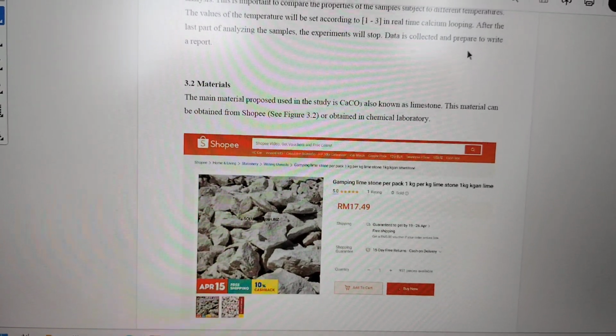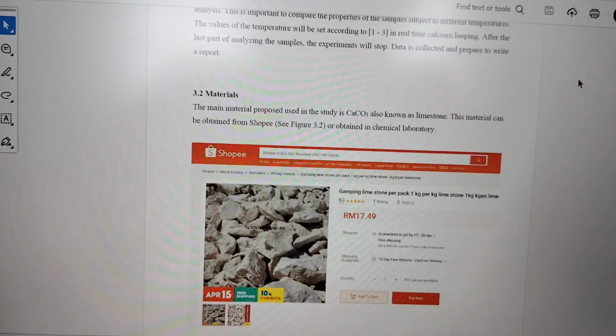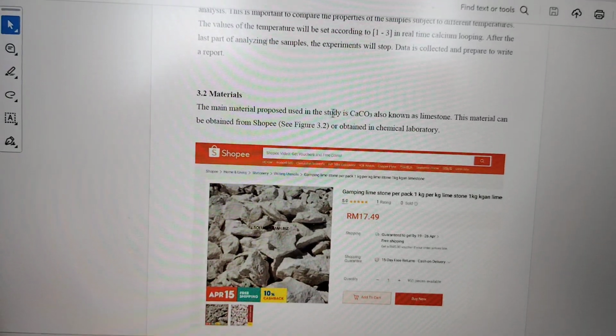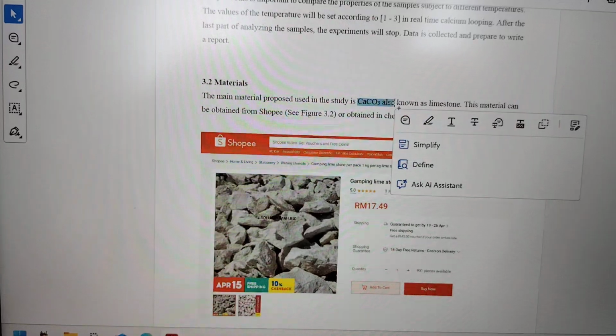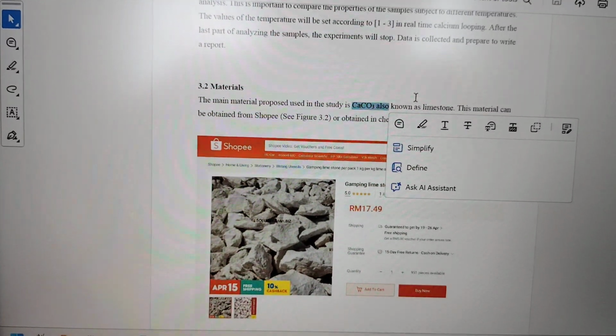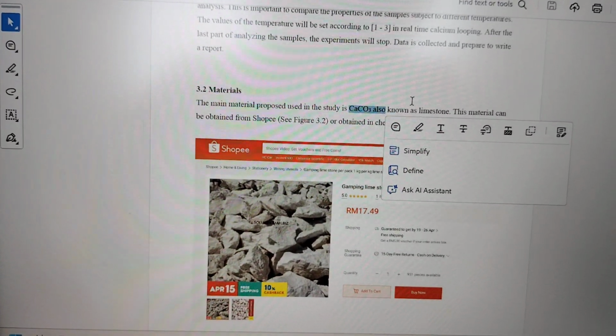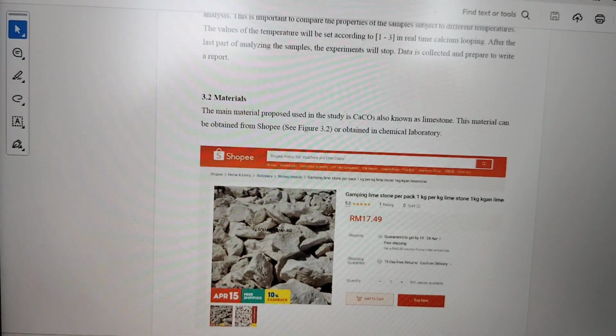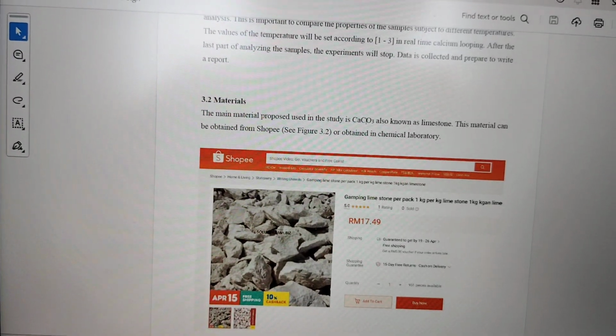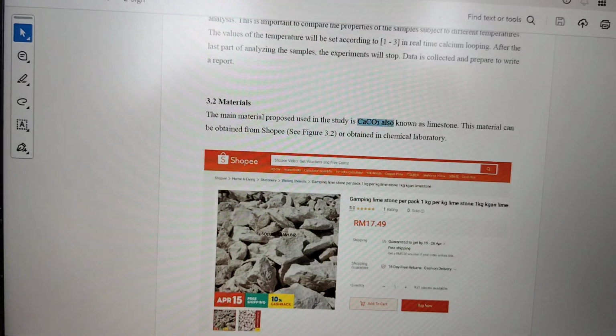Am I right? If you look back at the calcium looping system, if I buy this, that means I skip the carbonator reactor, so I don't need 600 to 700 degrees Celsius to form this. I assume it has already gone through the carbonator, so I get this calcium carbonate.